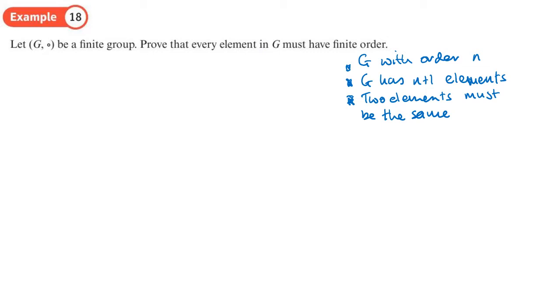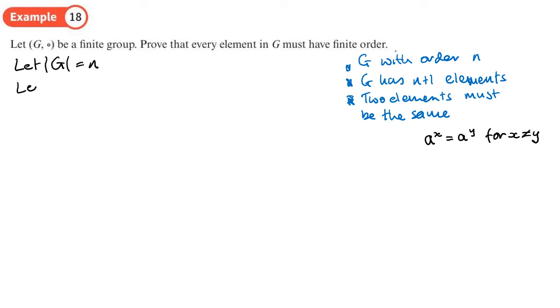Because one of the things we said was that elements that have a finite order, this rule holds for x not equal to y. So it's like a proof by contradiction. The first thing we're going to say is let G have order equal to n.